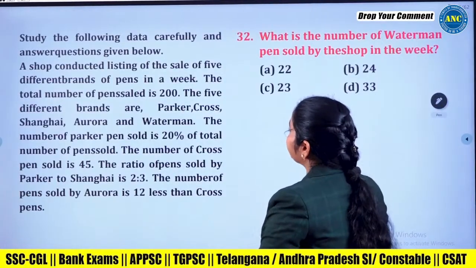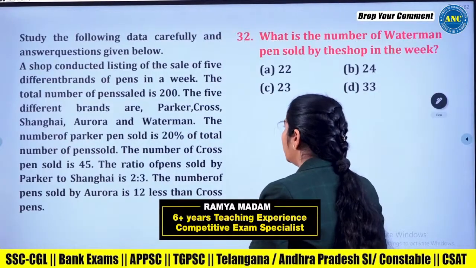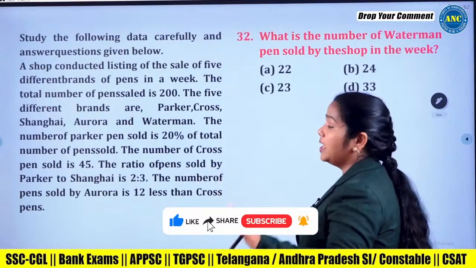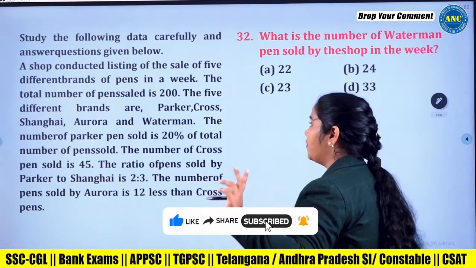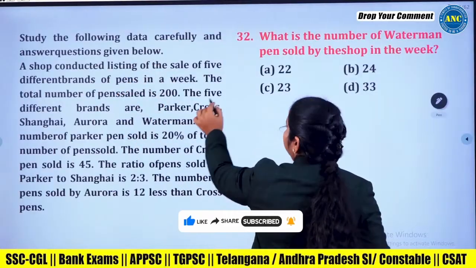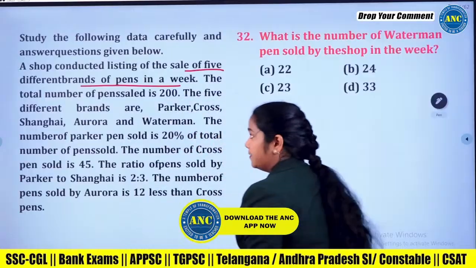Next you see. Study the following data carefully and answer the questions below. Yes, we'll do that. A shop conducted listing of the sale of 5 different brands of pens in a week. So, they started conducting the listing of sale of how many different brands? 5 different brands of pens in a week. Fine.